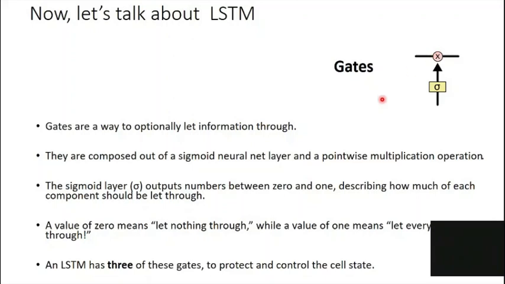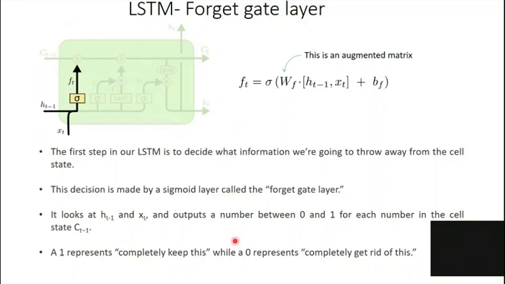So LSTM typically has got 3 gates, and the gates can be used to modify or control how much memory is retained at the end of each sequence computation. So for example, let's see the first one. The first gate is called the forget gate.